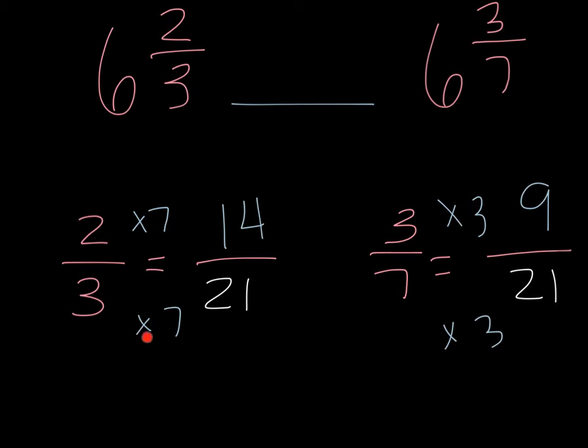When you created your equivalent fraction, you multiplied 2/3 by 7 and 3/7 by 3 to get 14/21 and 9/21. When you compare 14/21 and 9/21, you know that 14/21 is greater. That being said, 6 2/3 is greater than 6 3/7.